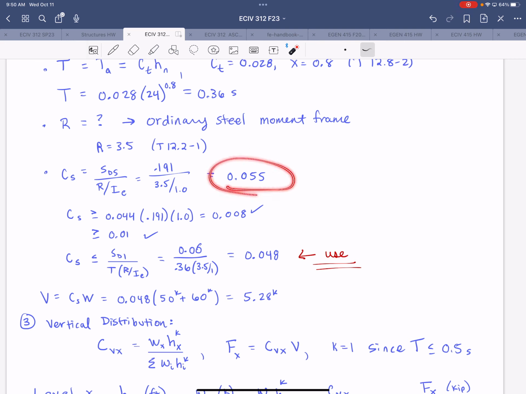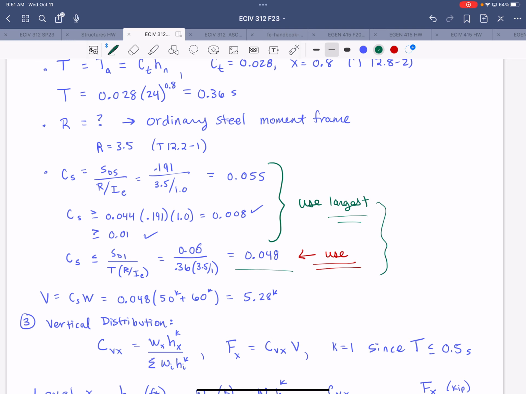If this value is less than your lower limits, you have to use whichever of these three values is largest. So I can add a note here that says use the largest, and then from whatever value comes from that, and this one, you would use the smallest.